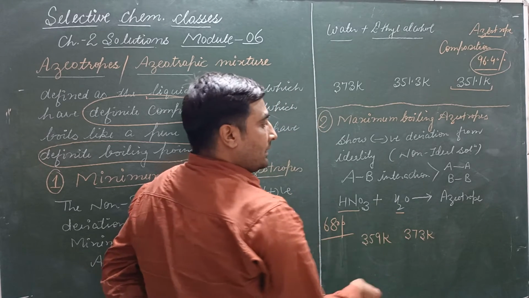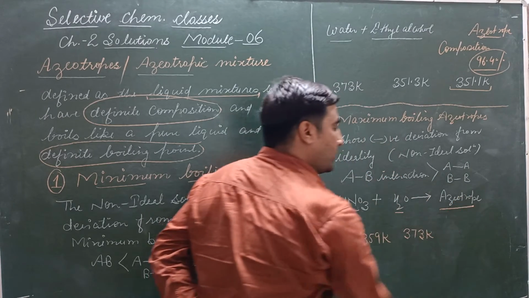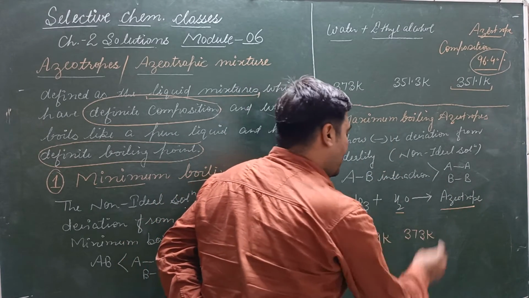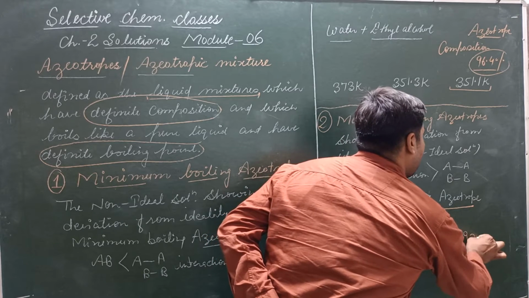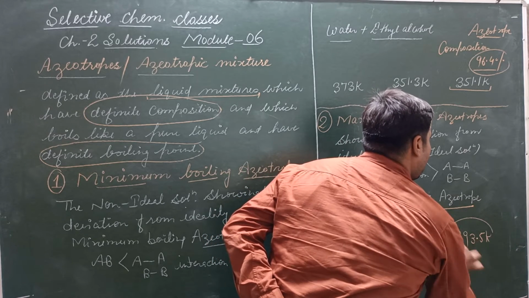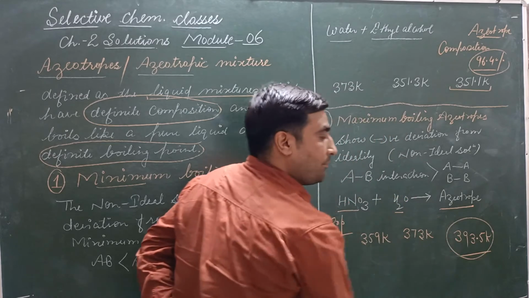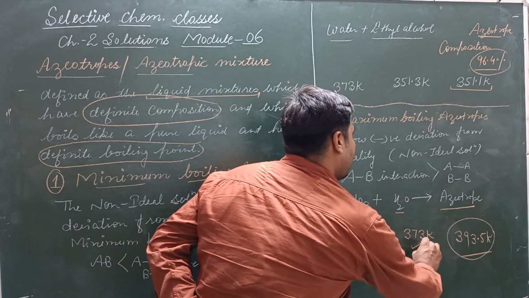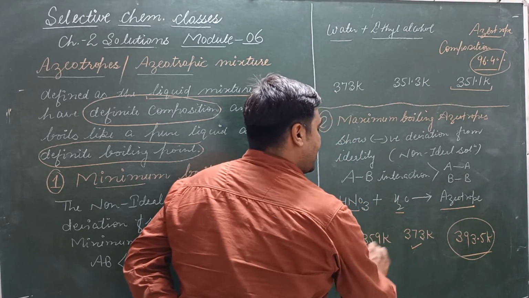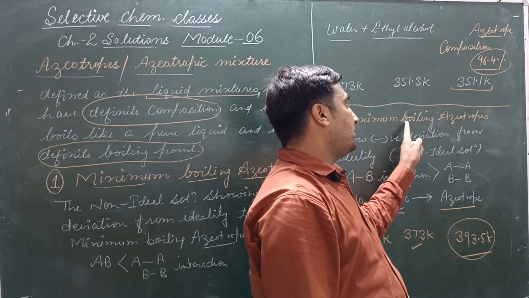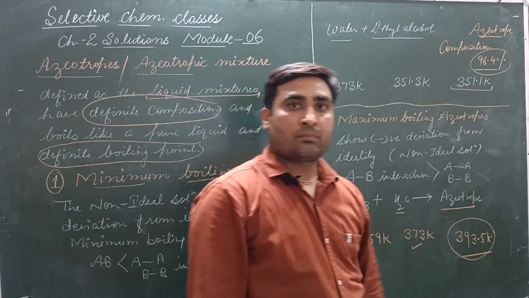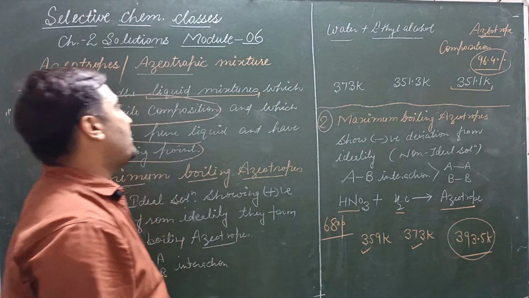The azeotropic mixture has a definite boiling point, approximately 393.5 Kelvin. This boiling temperature is more than that of water and HNO3. That's why they are called maximum boiling azeotropes. So this is about the azeotropic mixture.